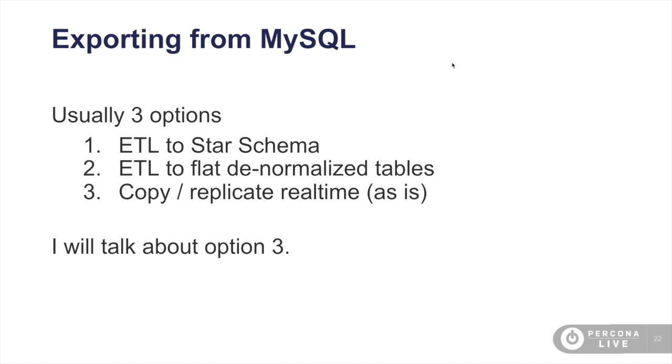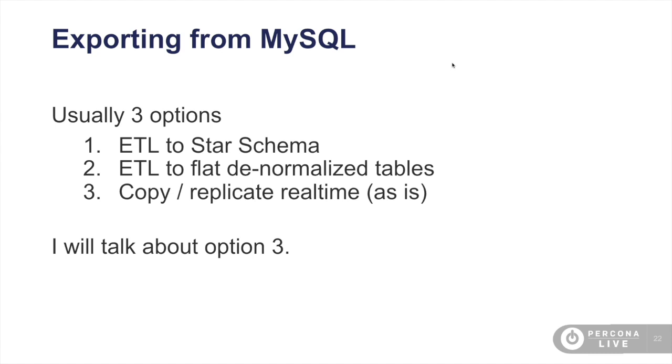So now our goal is to export data from MySQL and load it into the column-oriented database so we can run our reports faster. We have 3 options here. Option number 1 is to do ETL in the star schema, which is standard for data warehousing or OLAP. The second option will be to create ETL to do denormalized tables.